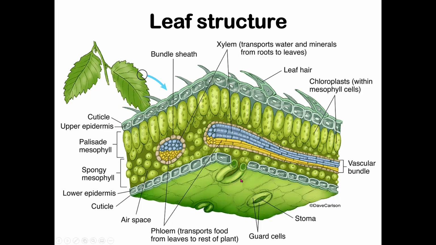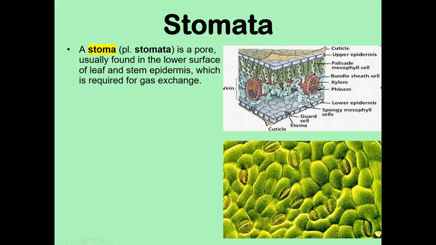So again, we'll have a look at the guard cells. Now, it's one stoma, plural stomata. It's really just a pore here. And this is what they look like. They're generally on the lower surface, away from the sunlight. Some plants have them on both surfaces.